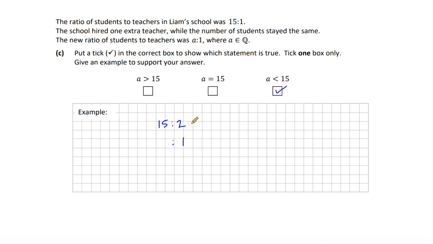In other words, if we're going to change this side here, 2 to 1, what did we do? We divided by 2. So if we did the same to this side, 15 divided by 2 is 7.5. 7.5 to 1, and 7.5 is a number less than 15. So that's just an example, but you could do many others as well.